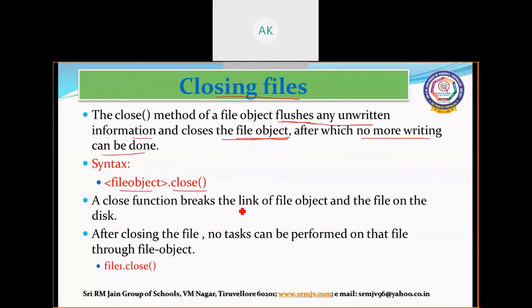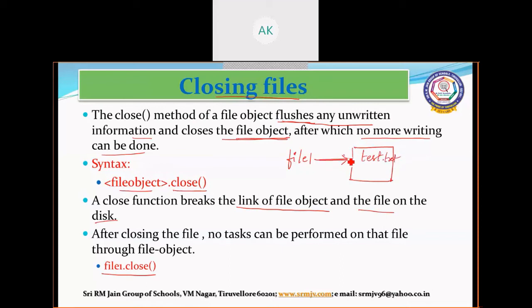The close function breaks the link of the object to the file on the disk. Here we have an example, file1.close. The file1 object is connected with a file; let us assume the file name is test.txt.